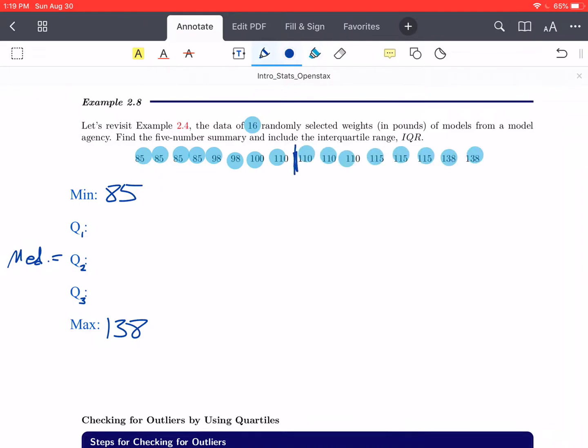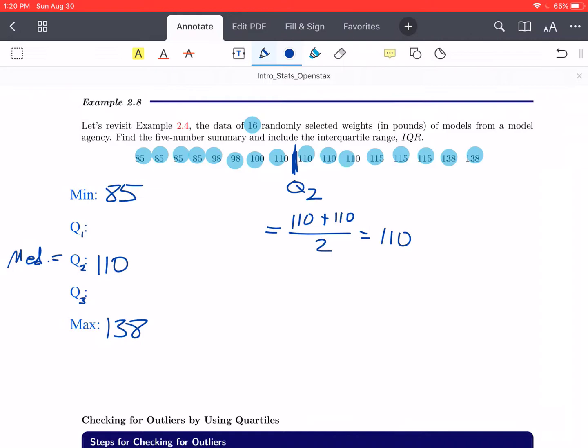So this right here is where Q2 is. Now, it's not a single value, because there's not one value in the middle. So what we have to do is take the average. Lucky for us, these two are the same number, so it's not going to matter, but we would just need to do 110 plus 110 over 2, which of course is just 110. But that's the process that we would use. So the second quartile is 110, so that means half the data lies below that number.